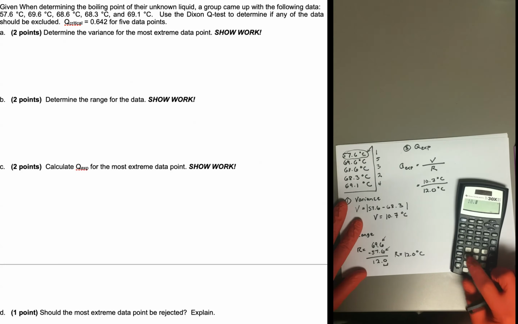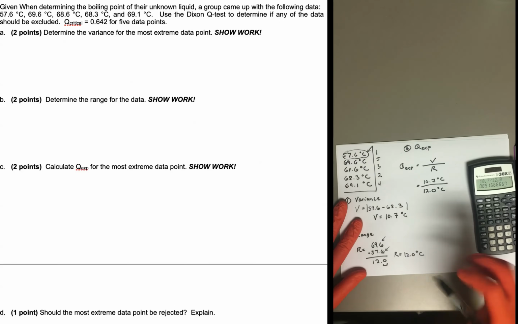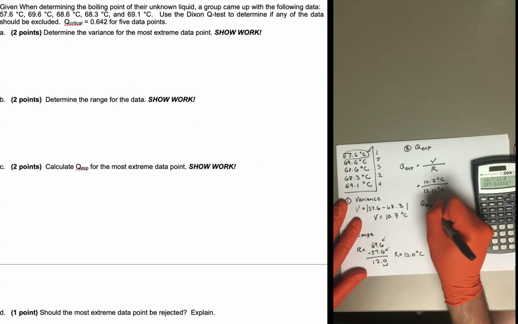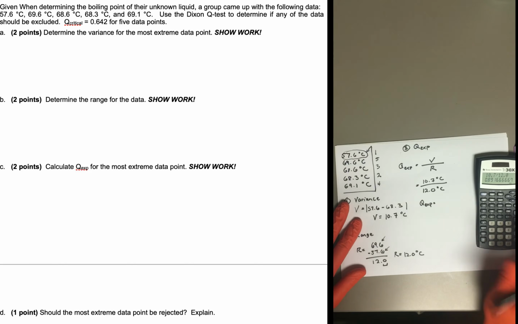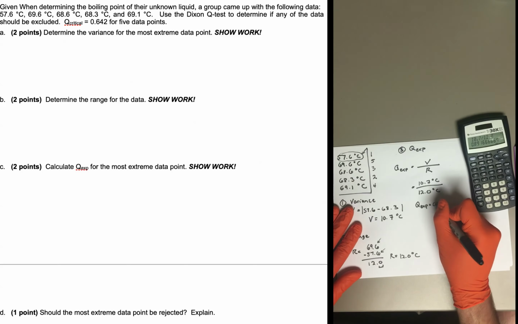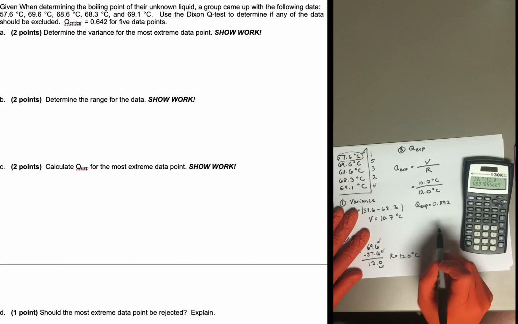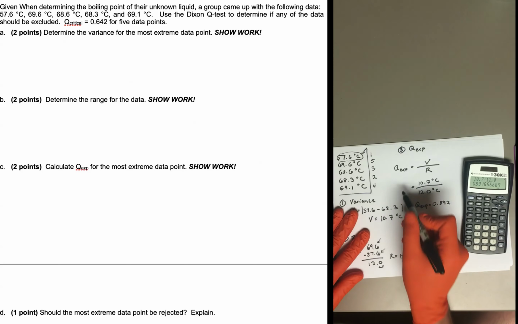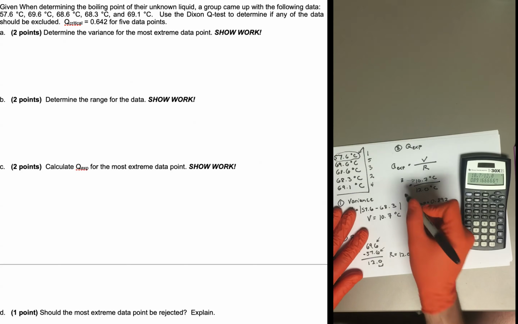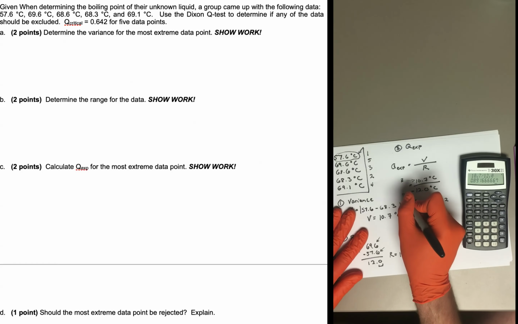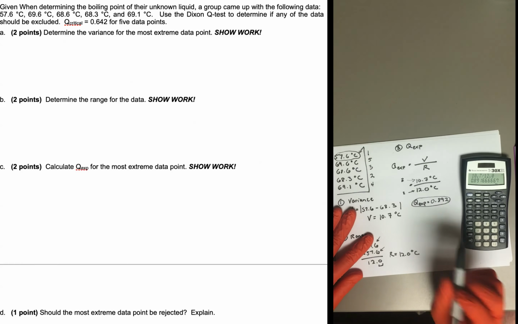So this is going to be 10.7 divided by 12.0, and I get a decimal. So my Q experimental in this case is going to be 0.892 when I round it to 3 significant digits. Again, the reason I'm rounding it to 3 significant digits is because I've got a quotient here. Okay, this number right here, the numerator, has 3 significant digits. The denominator here also has 3 significant digits, so my final experimental Q will have 3 significant digits.